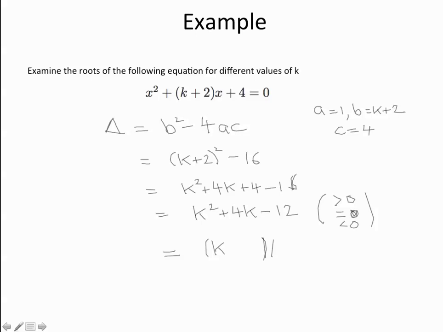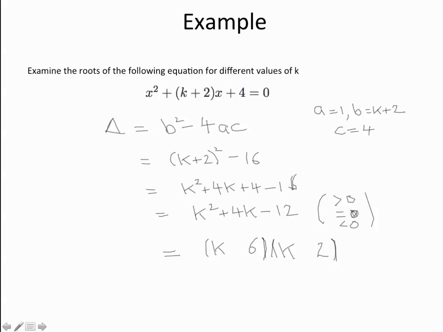So obviously, because of the k squared, the factors start with k and k. 12 is either 12 times 1, 6 times 2, or 4 times 3. I have a minus, so I'm going to find the difference between these two things. 6 minus 2 is 4. Yeah, I think I'll have a go at 6 and 2 as the values here.